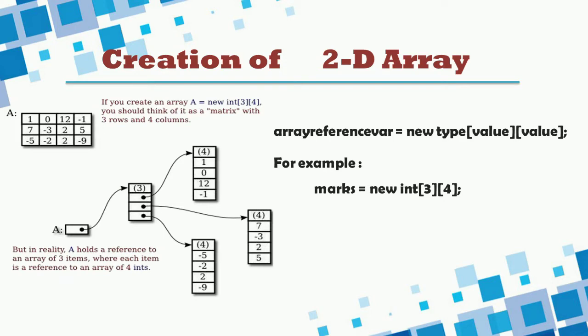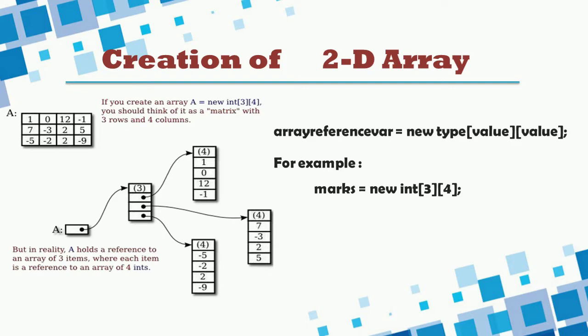Next we'll move on to the creation of a two-dimensional array. Look at the picture given here. For example, if you declare an integer type having 3 rows and 5 columns, then this statement can be written like this: int mark is equal to new int 3, 4.